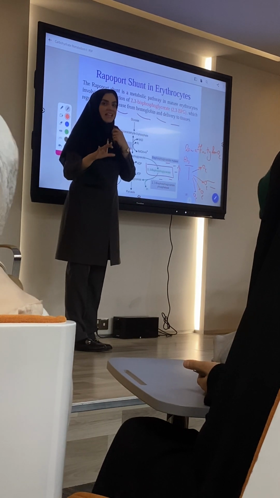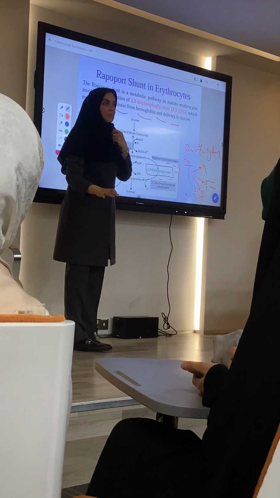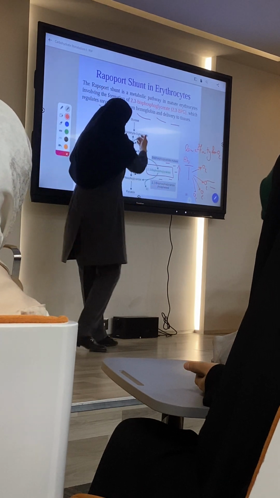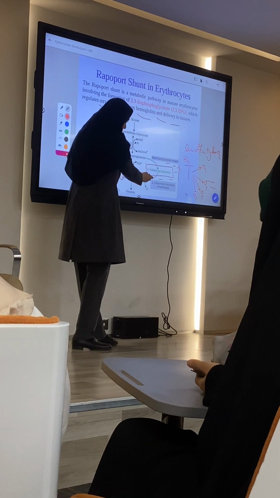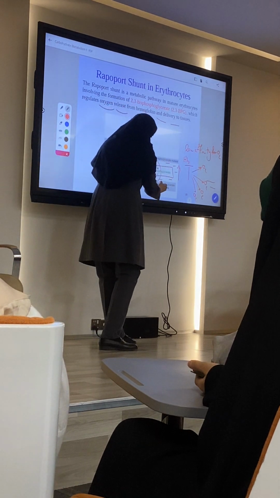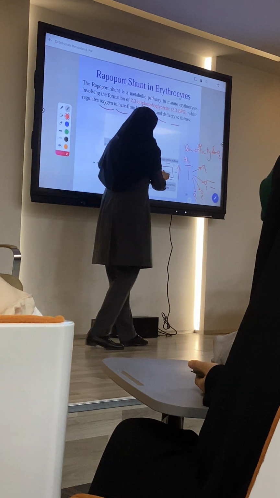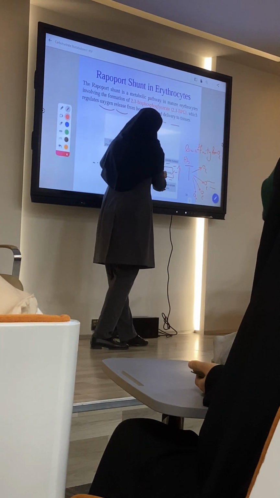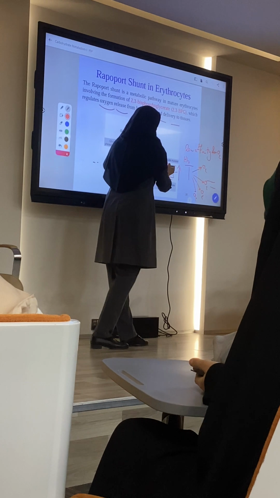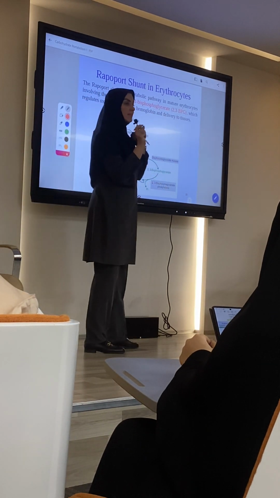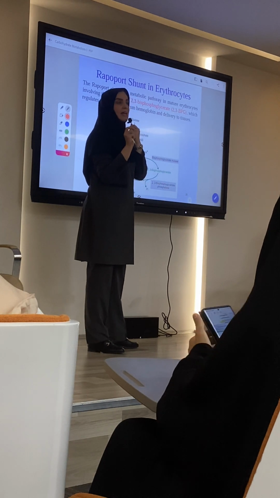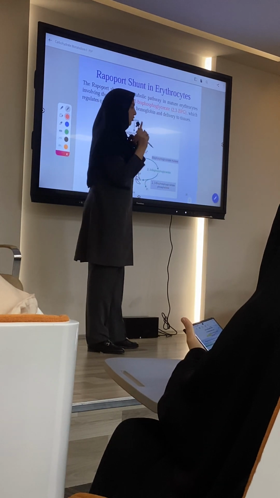It means that the level of oxygen is very low. So instead of converting to 3-phosphoglycerate, it takes this detour. Why? Because it wants to produce 2,3-bisphosphoglycerate with the help of an enzyme. Maybe I will ask you the names of the enzymes in the Rapoport shunt.